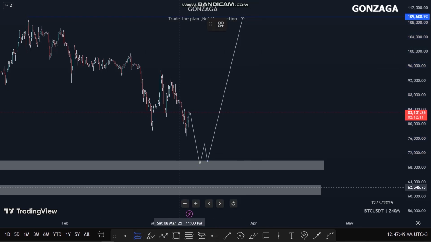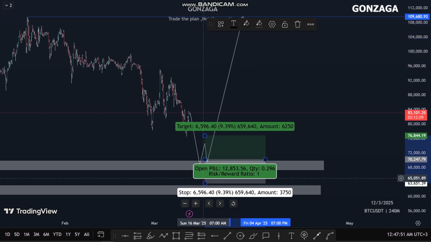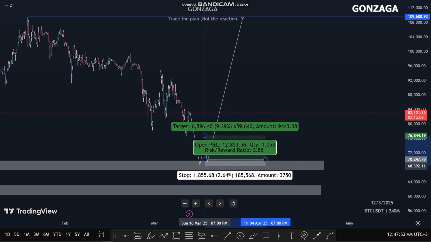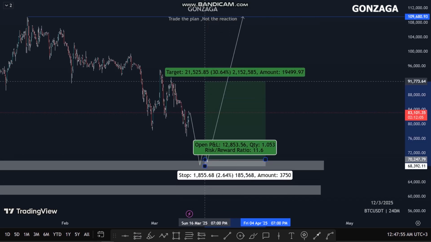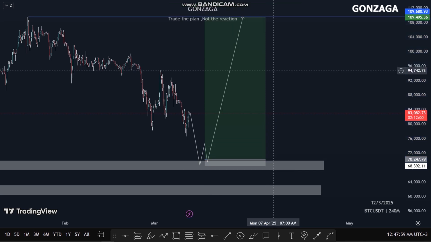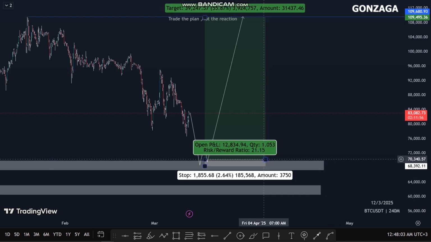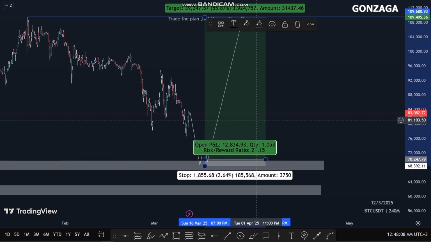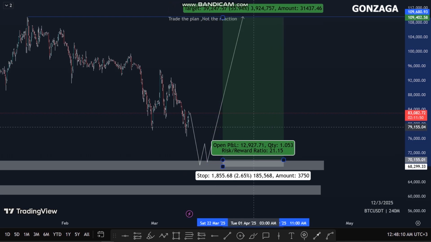With this kind of entry I will be risking small but taking a big risk to reward. This is where you will be able to flip your account from a smaller account into a bigger account.